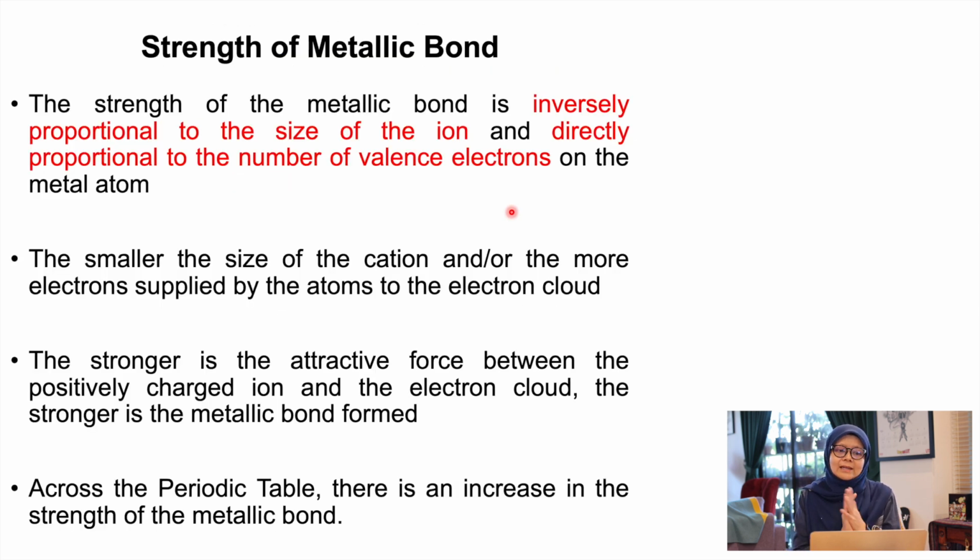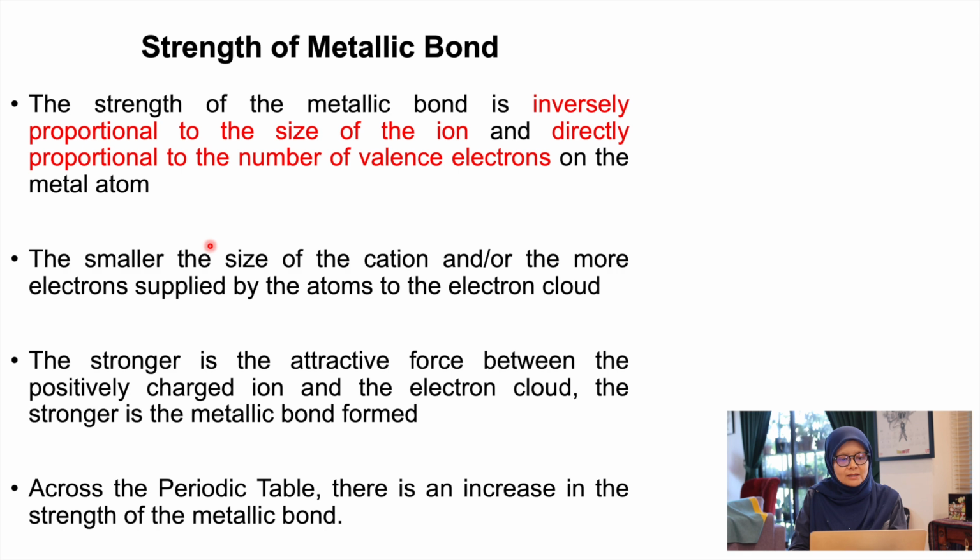Next, the strength of the metallic bond is inversely proportional to the size of the ion, and directly proportional to the number of electrons. So it depends on the size of ions and also the larger number of valence electrons.